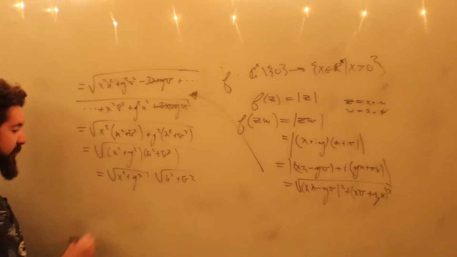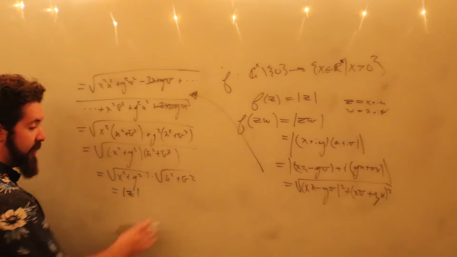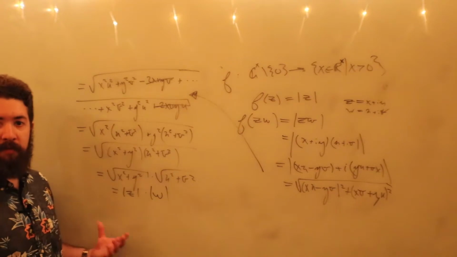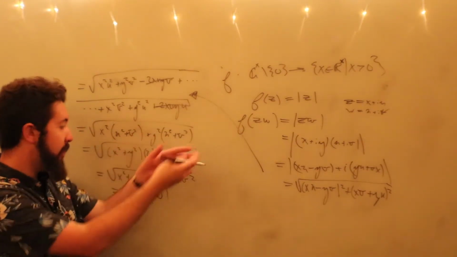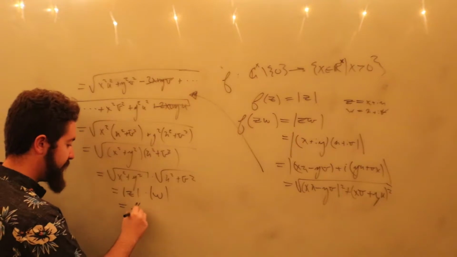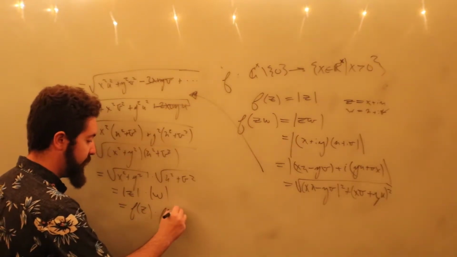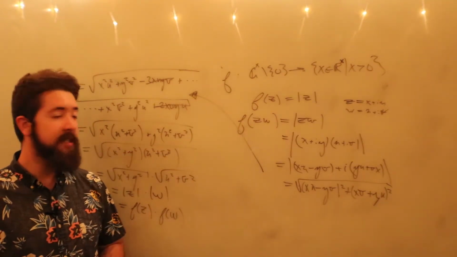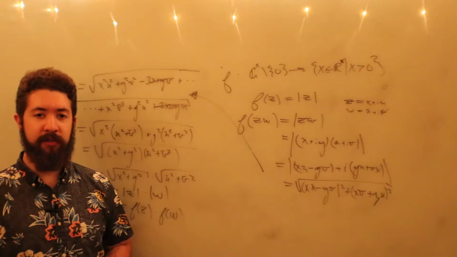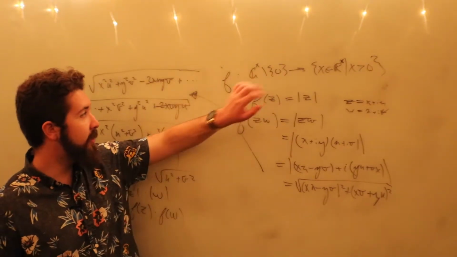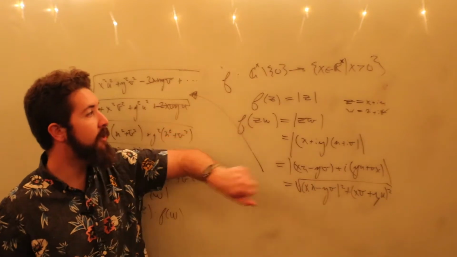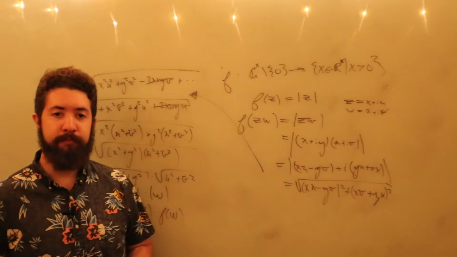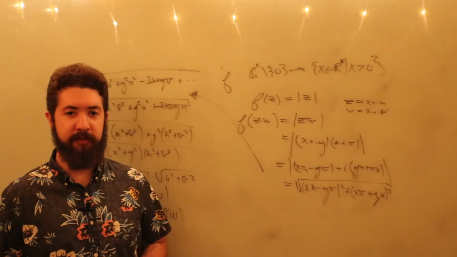But notice that this is equal to the modulus of z, and this is equal to the modulus of w. But our function, of course, is to take the modulus, so that this is equal to f of z times f of w. And thus we have shown that our function, the modulus, is indeed an operation-preserving function from the complex numbers under multiplication without zero to the positive real numbers under multiplication. Thus, it is a group homomorphism.